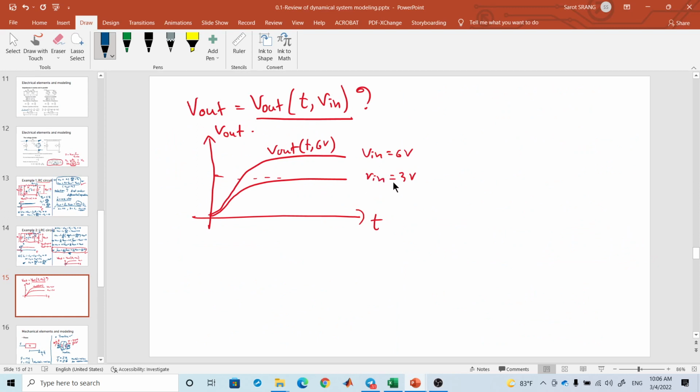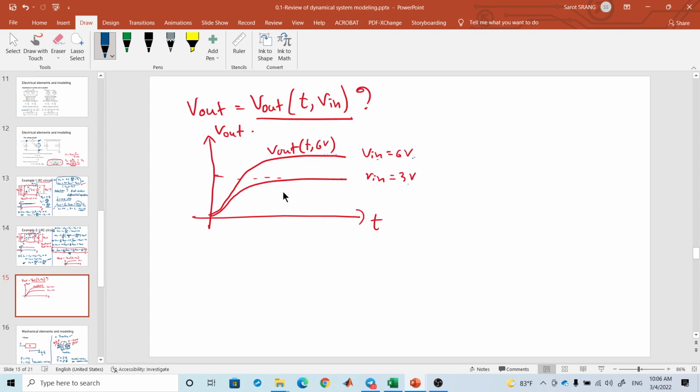If we input Vin of just 3 volt, the voltage of Vout will approach Vin when t goes to infinity, which is 3 volt. If Vin is 6 volt, then the asymptote for Vout is 6 volt as well. So it has this kind of second order shape.